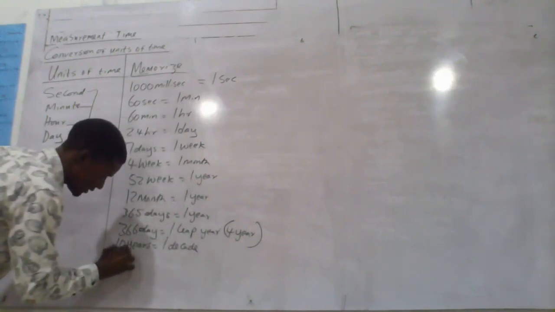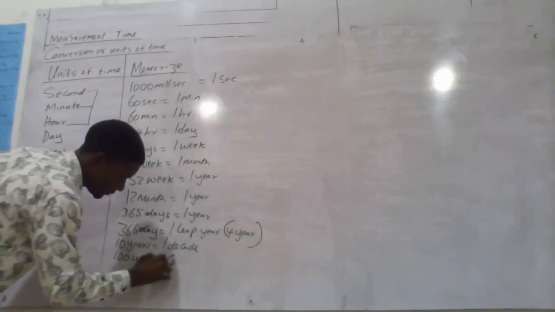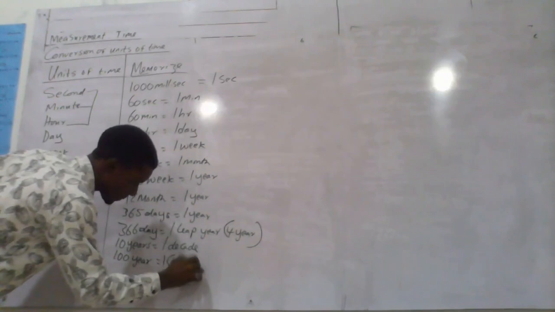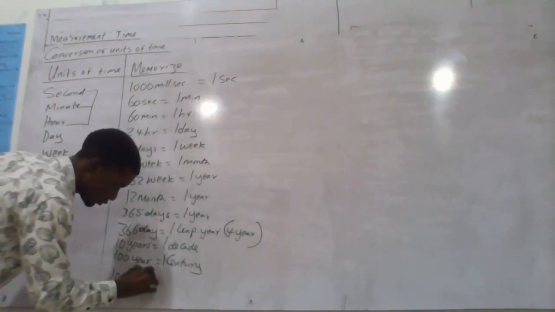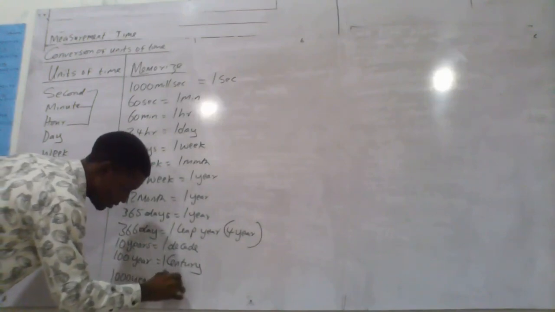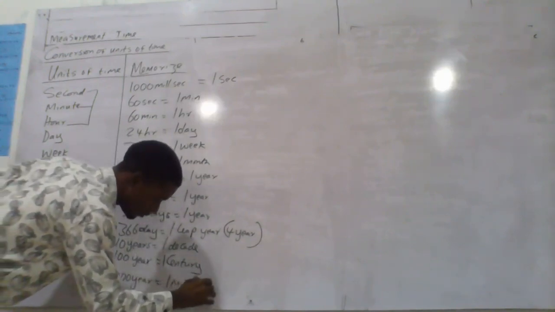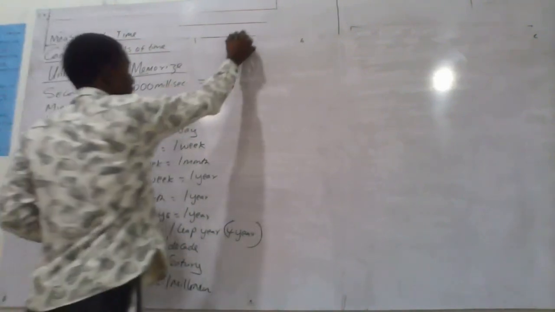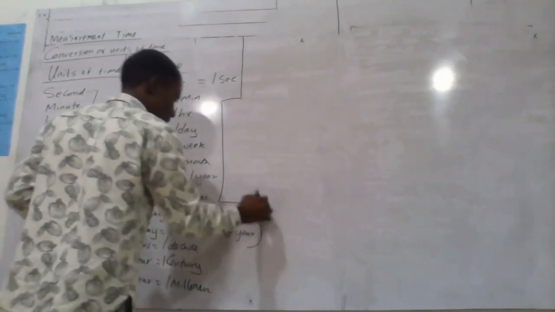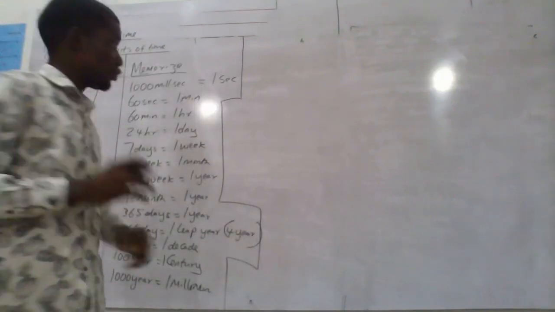And 100 years equals to 1 century. 1000 years equals to 1 millennium. Now, if we can memorize this, then we don't have any problem when converting units of time from one unit to another.